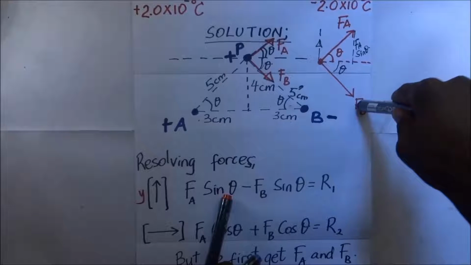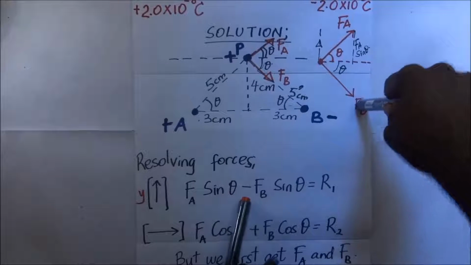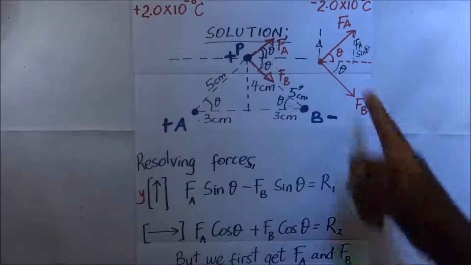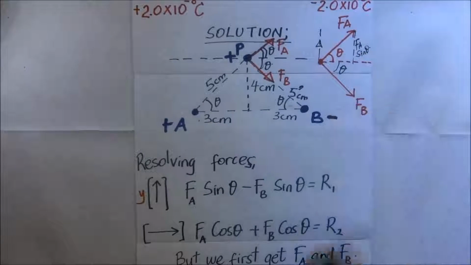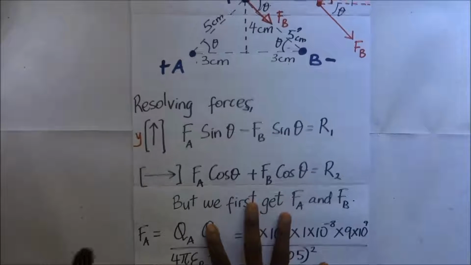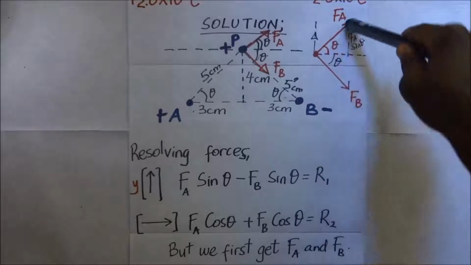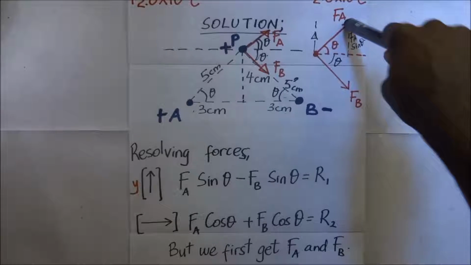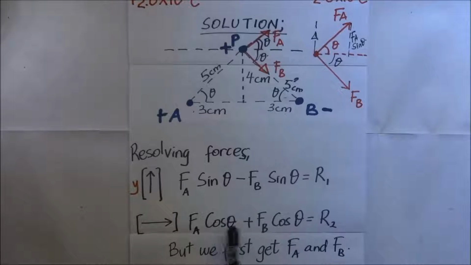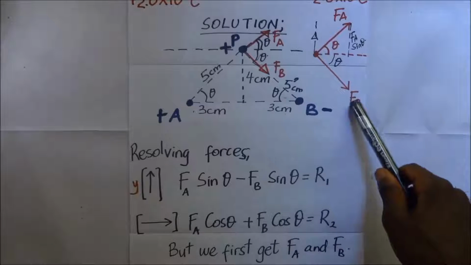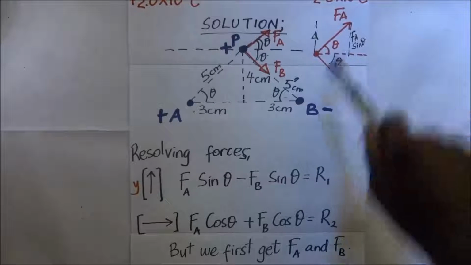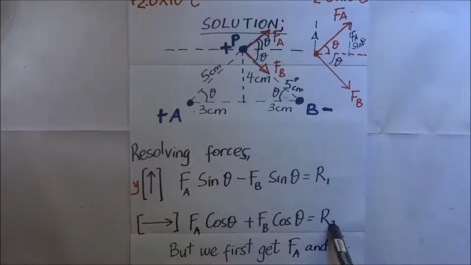Then resolving FB along the y-axis is going to be minus FB sine theta, because we are looking at this. Then resolving the forces along the x-axis, FA along the x-axis is going to be FA cos theta, plus FB, resolving it along this is going to be FB cos theta, giving us R2.